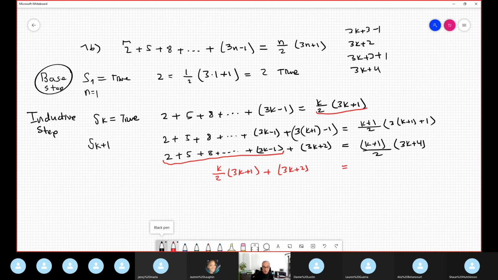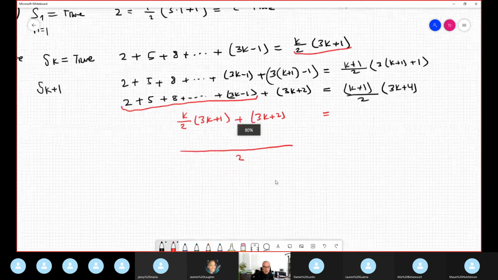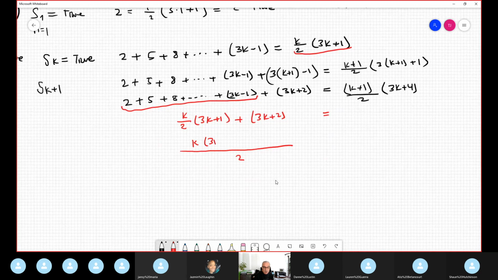Okay, don't touch this for a moment. I manipulate that part a little bit. I recommend you find the least common denominator. So when you find the least common denominator, we have k times (3k plus 1) plus 2 times (3k plus 2).